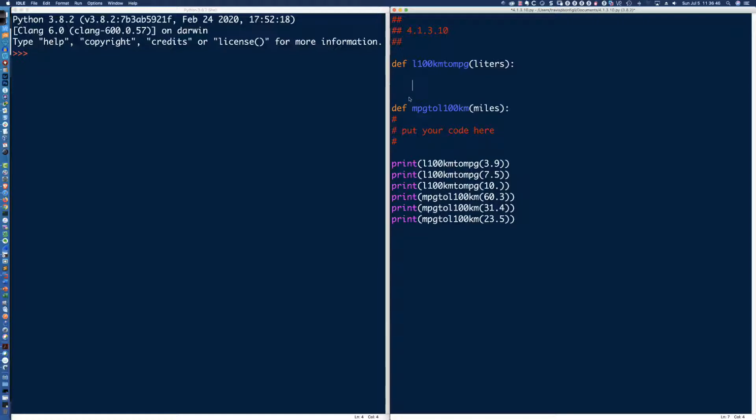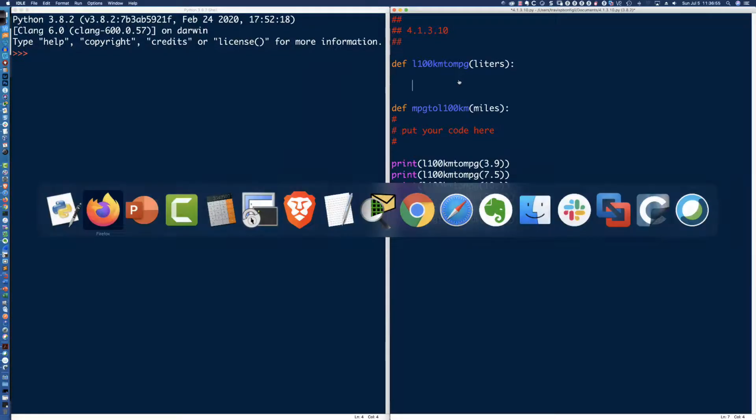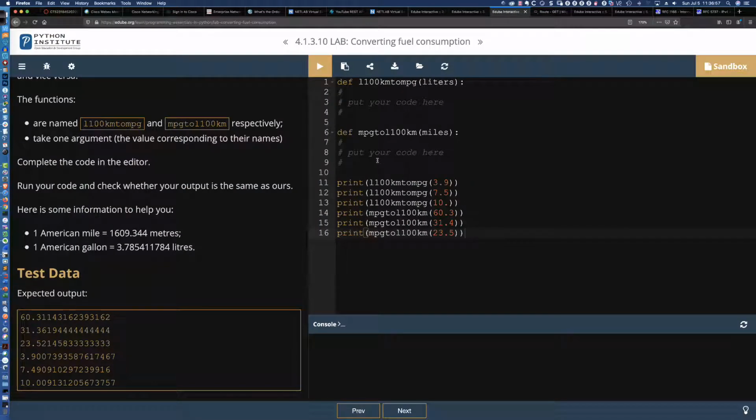All right. So the first thing that we want to do in the liters per 100 kilometers to miles per gallon is we know we're going to have to do some conversion here, right? And the first thing we're going to want to convert, we're being passed in liters of fuel. So we can see right here that 1 American gallon is 3.78 liters.